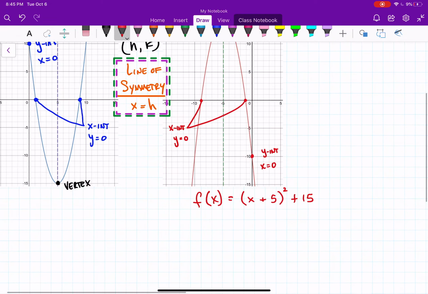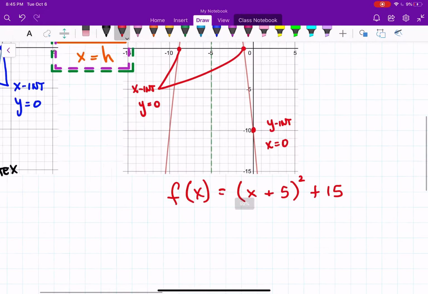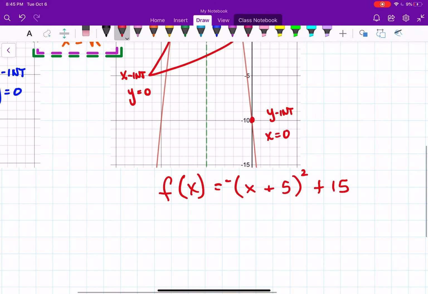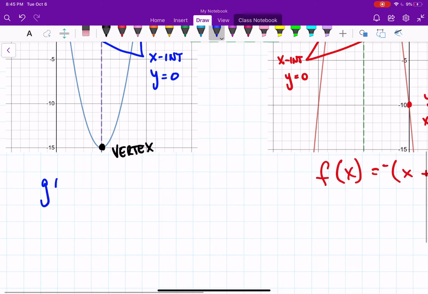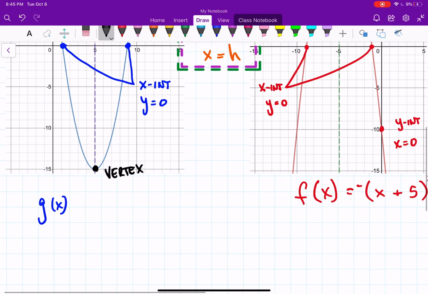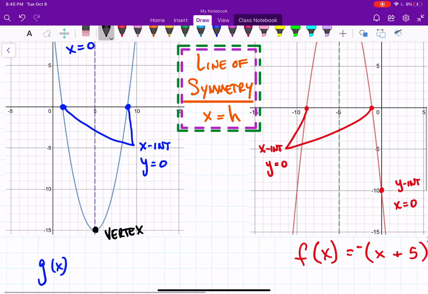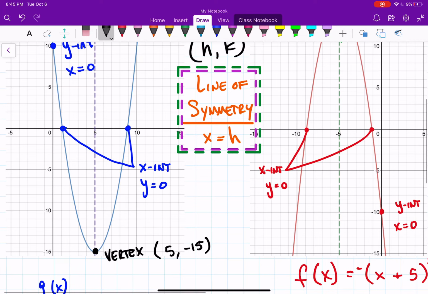Now, actually, this is also a negative, sorry, because it's frowning. So over here, we got to call this g of x. Let's name this vertex. This vertex is 5, comma, -15. And the line of symmetry here is going to be x equals 5, which is the x value there.